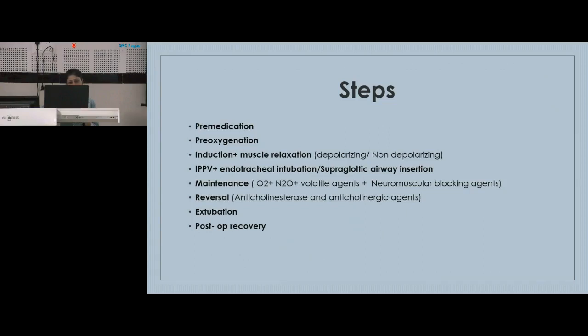You can also use supraglottic airway devices, and the patient is maintained on oxygen, nitrous oxide, volatile agents, and intermittent doses of neuromuscular blocking agent. Reversal is done at the end of surgery with an anticholinesterase, and then the patient is conscious and has adequate tone and power. The patient is extubated, and post-op we should monitor the vitals.